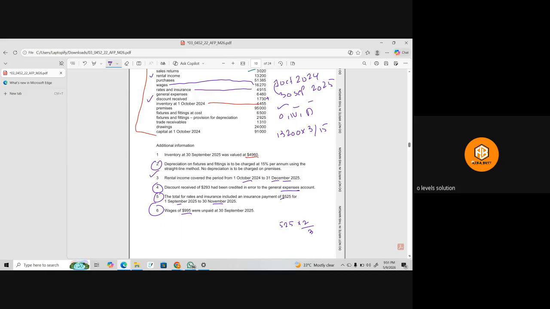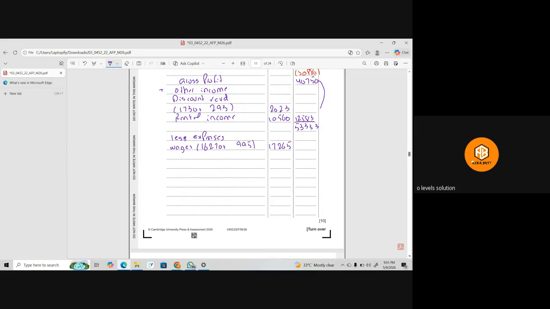We will minus the 2 months payment, which is 350, which is relevant to the next period. Rates and insurance, 4915 minus 350. Okay, this is 4565.